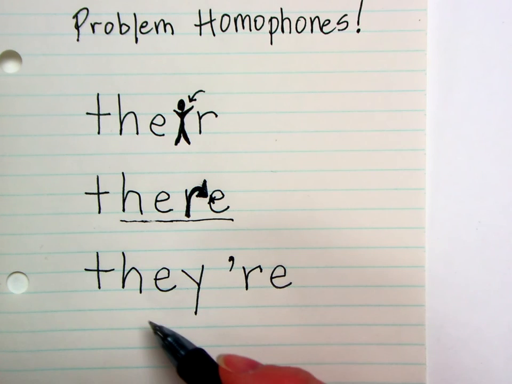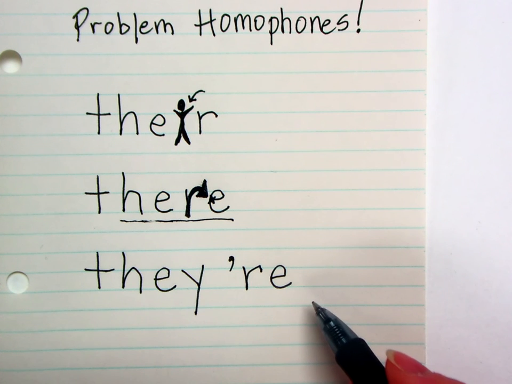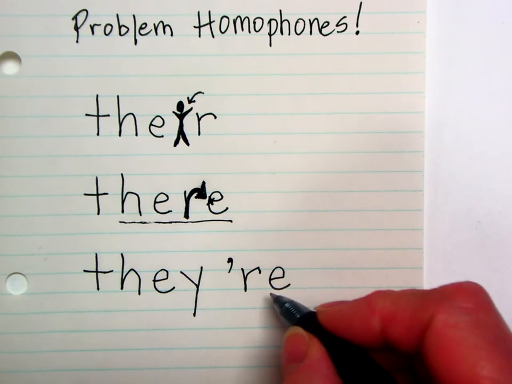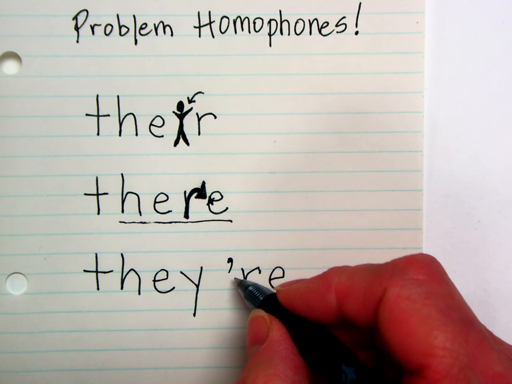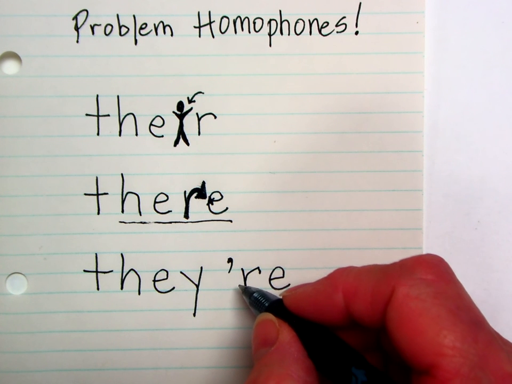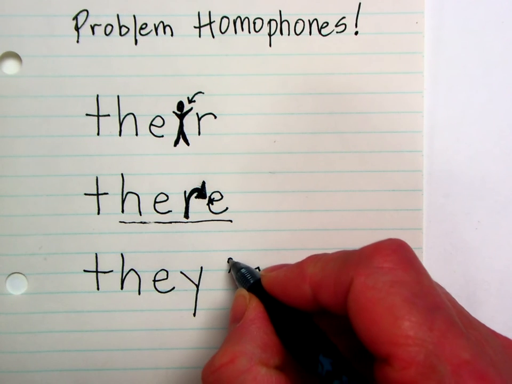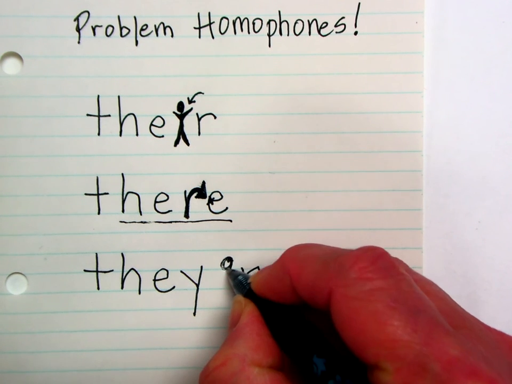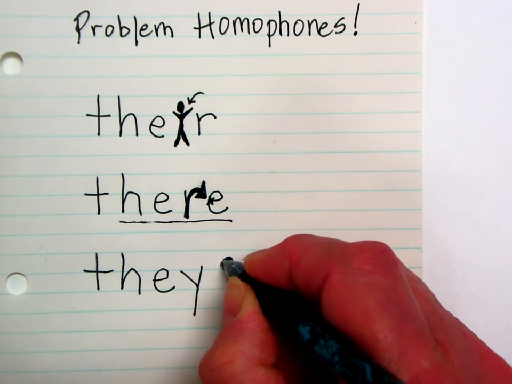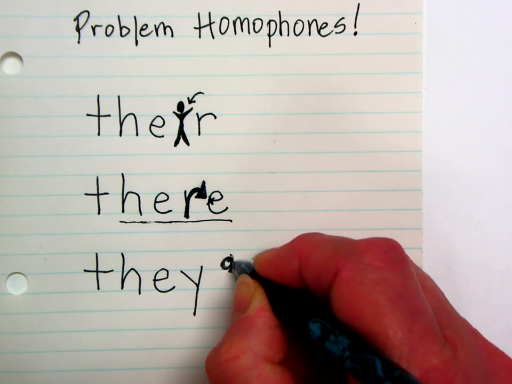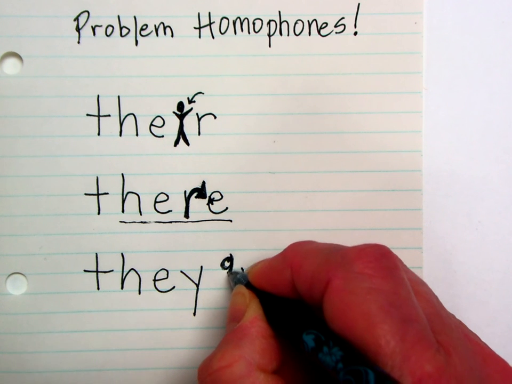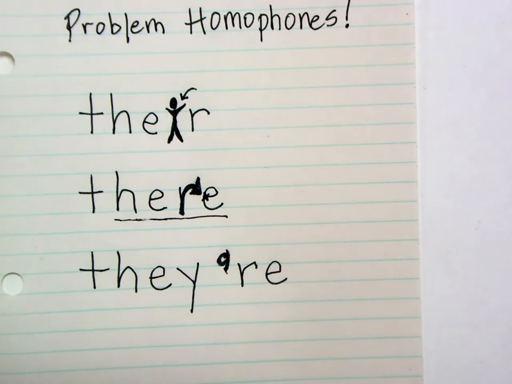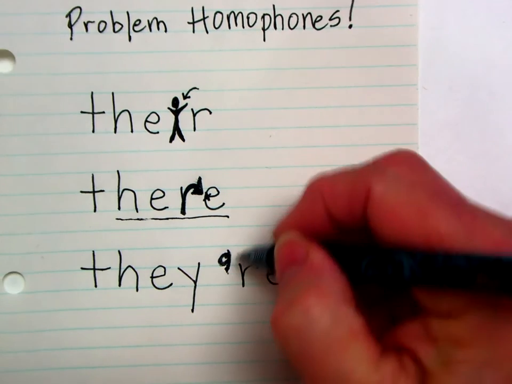So whenever you have a sentence that has this word there in it, you should be able to say both words they are in place of the word there, and it should still make sense. So we're going to take this apostrophe and make this into a letter A. So now we have they are.